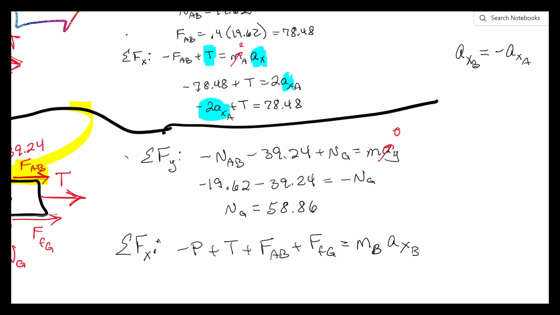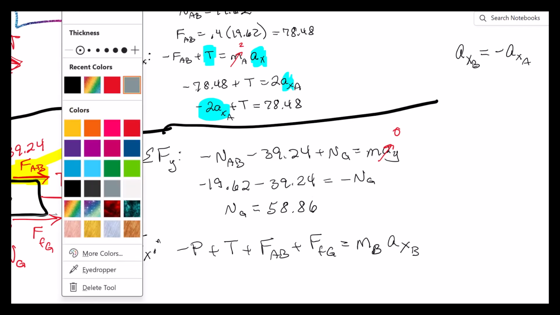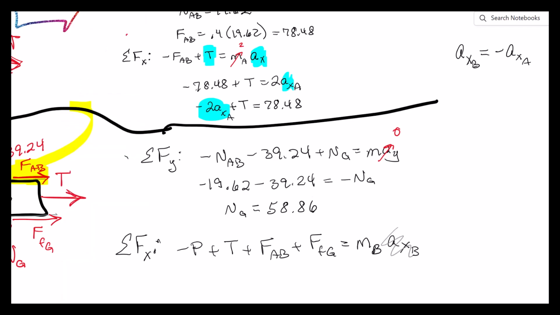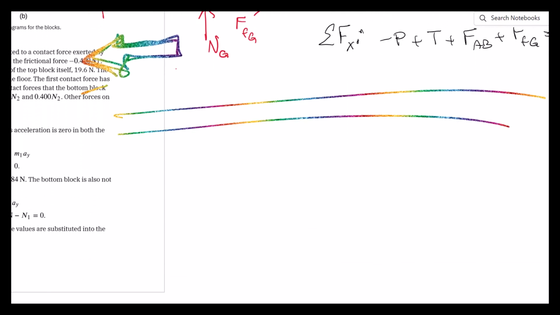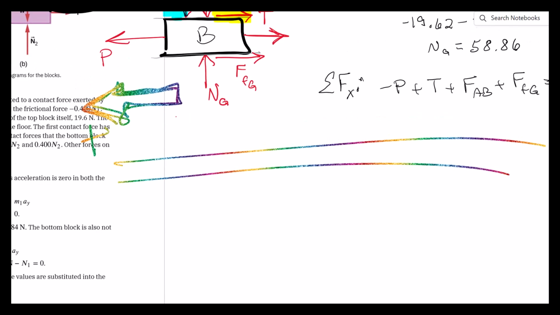And so instead of having two different variables, I could write minus a sub x sub A. If that is confusing to you, you deeply don't like it. The other thing I was thinking about doing is saying, well, since acceleration is this way, that way's positive, in which case I pretend that I never even thought about there being multiple accelerations, which really isn't a great idea either.